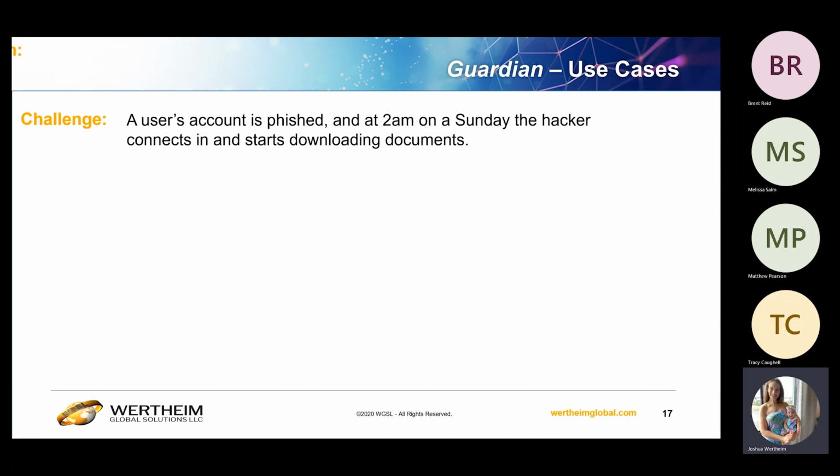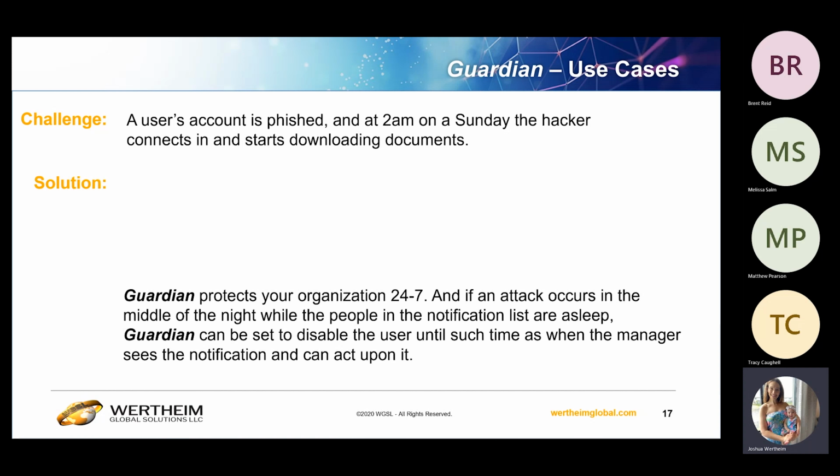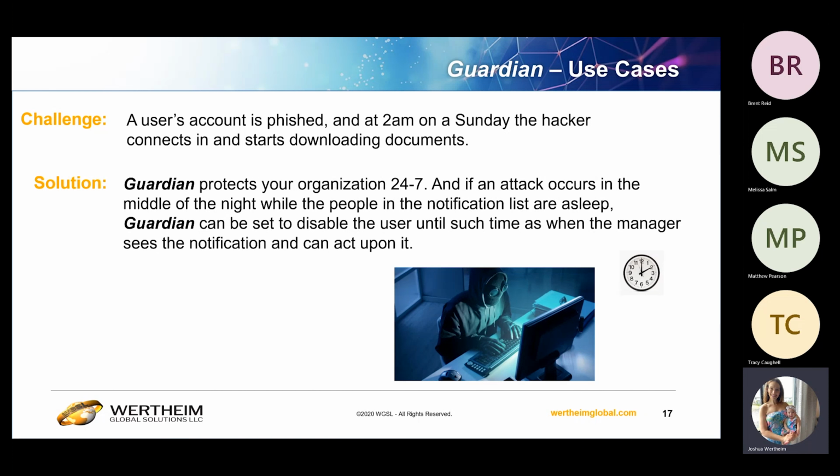Another challenge is when a user's account is phished, and at 2 a.m. on a Sunday, the person who has phished the account decides to start downloading documents. Well, in that case, what could happen is that Guardian can send a notification that such and such a user, let's say it's a person named John Smith, is downloading documents at 2 o'clock in the morning.